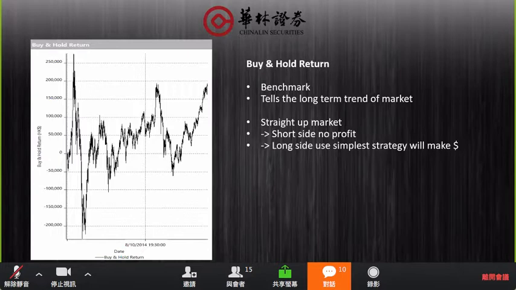All right, so if this is a long side equity curve, assume this is your equity curve, then you have a very big drawdown. Will you be satisfied with it? You have to think about it. So when I compare the result of my strategy to the buy and hold return, you have to think about whether you're willing to accept that kind of MDD as well.